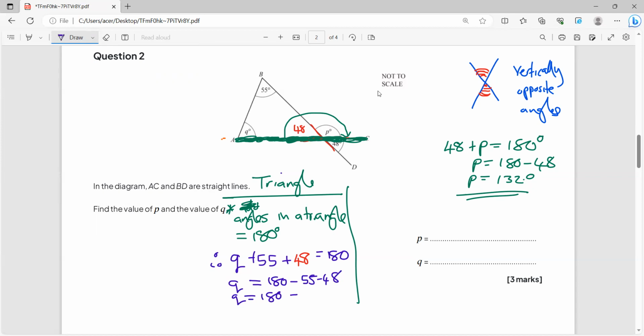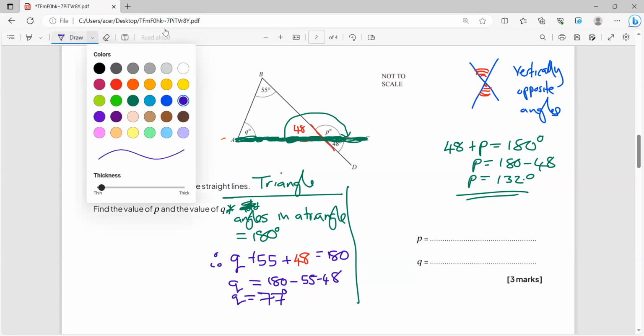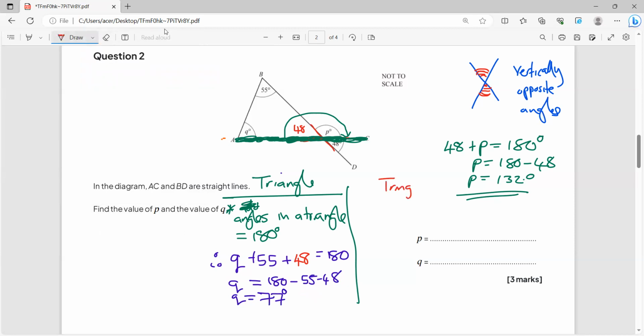So we're getting 77. So the final answer is 77. And that's it. Another way in which we can find the value of Q is to say that the interior angles in the triangle again.